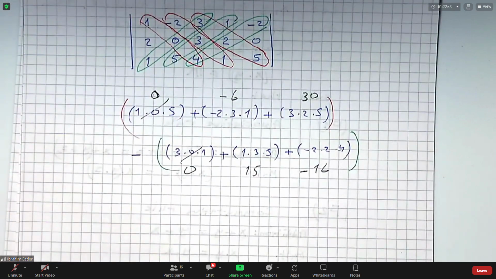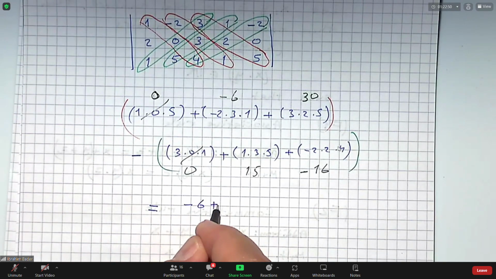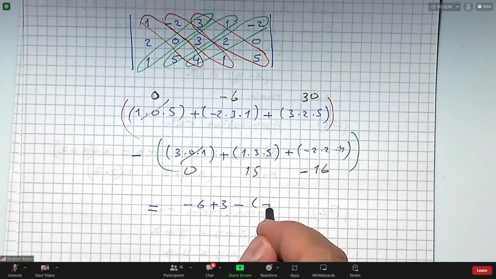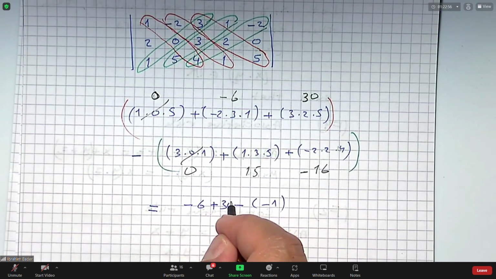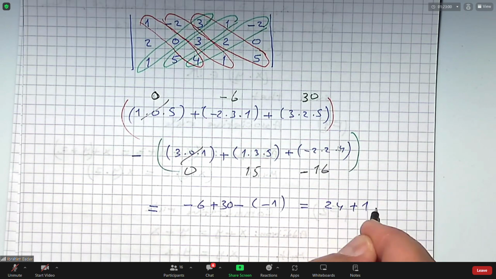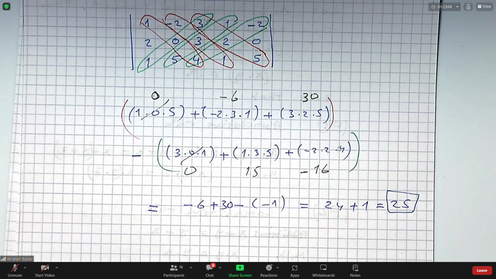Okay, so we are left with -6 plus 30 minus 30 here. And this is 24 plus 1, and this is 25. Okay, so as expected, here also we got the same answer.